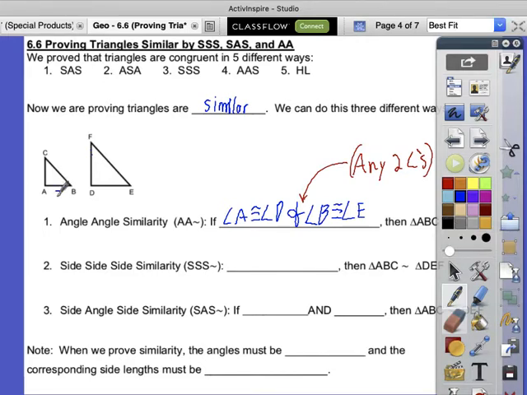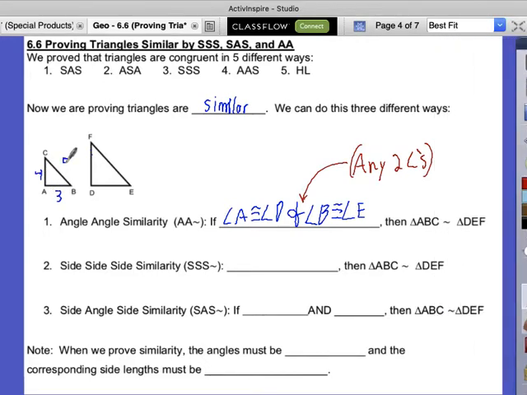So let's say this triangle is 3, 4, and 5. You don't have to write this down. And this one is 6, 8, and 10. If we make it proportionally small or big, 3 over 6 equals 4 over 8 equals 5 over 10.